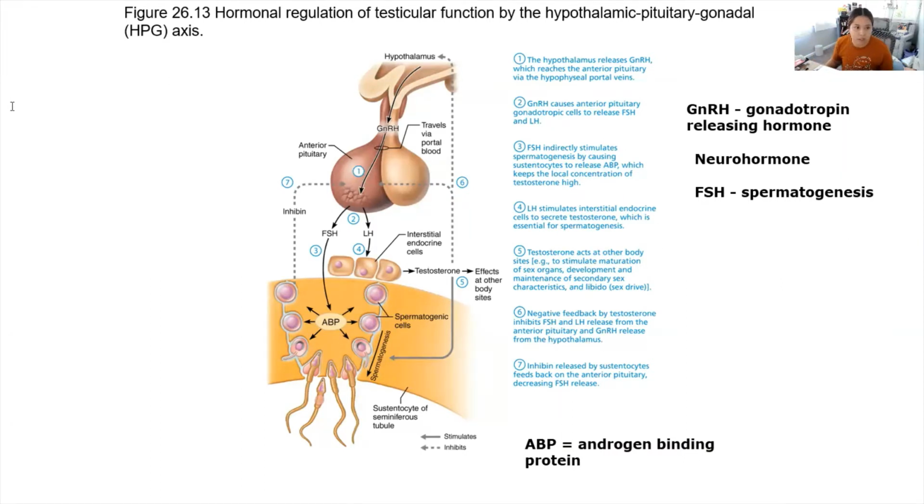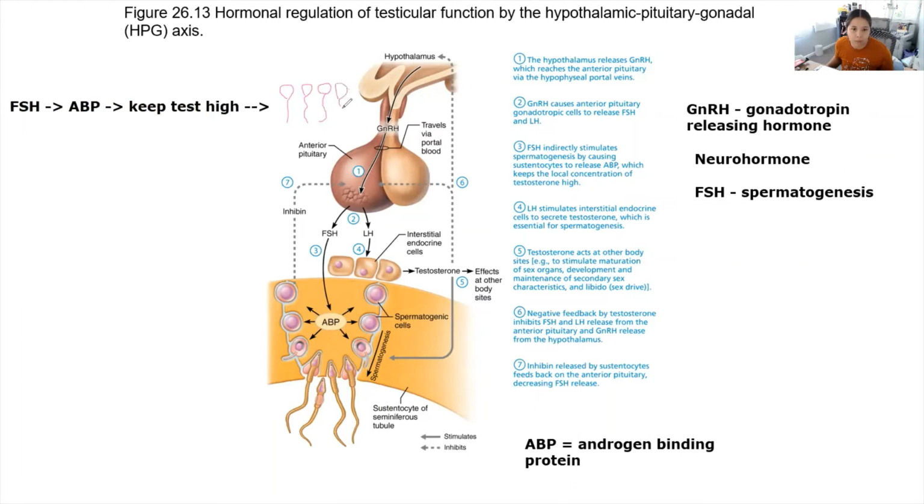So FSH, draw a little flow chart here. FSH, which is released by the anterior pituitary, is going to lead to the release of ABP, which is released by the cystinocytes, and that's going to cause us to keep testosterone high, which is going to lead to lots of little spermies.